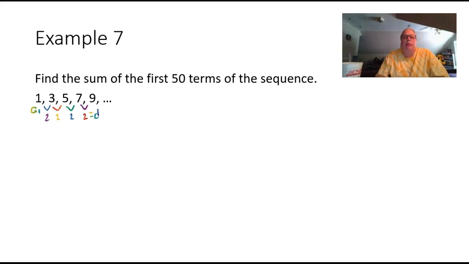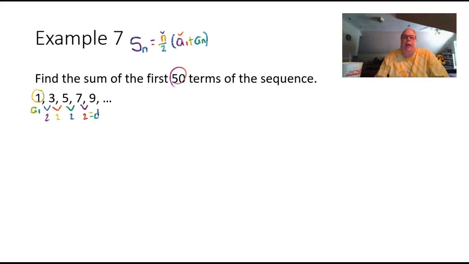Now, we want to find the sum. All right, so the sum of any number of terms in our sequence is going to be equal to n divided by 2 times a1 plus an. Things I know: I know what n is because I have 50 terms to deal with. A1 is given to me, right here, it's going to be 1.